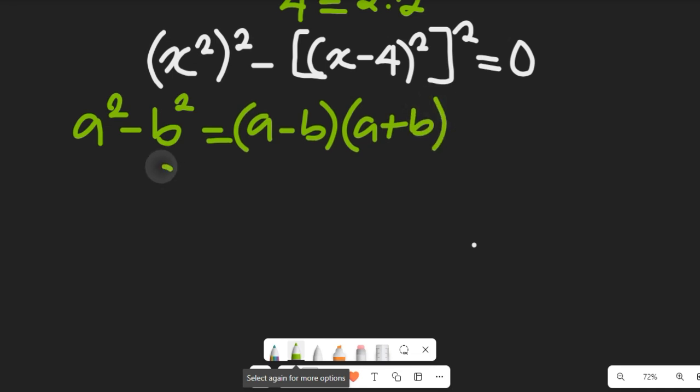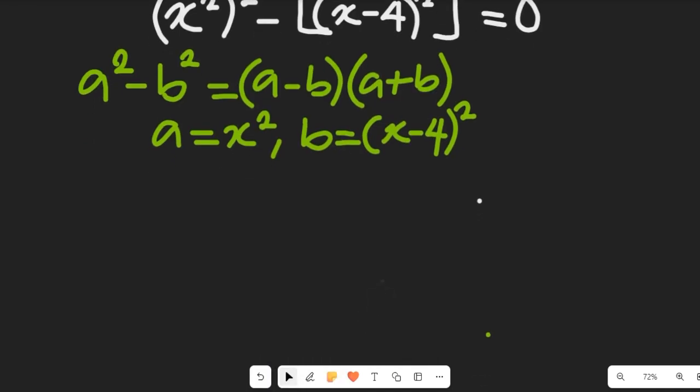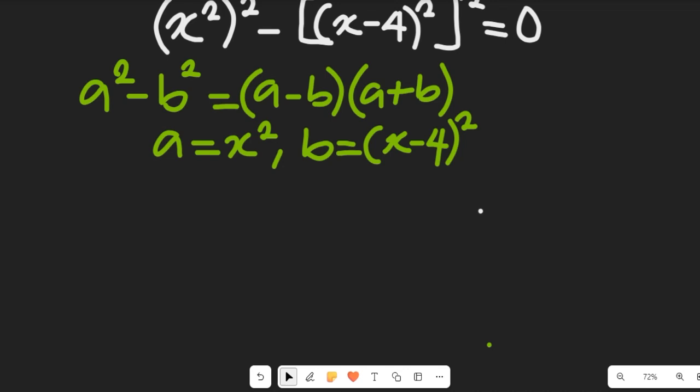From that expression, our a is equal to x squared and our b is equal to (x minus 4) squared. So what we are simply going to do is substitute the value of x squared and (x minus 4) squared.